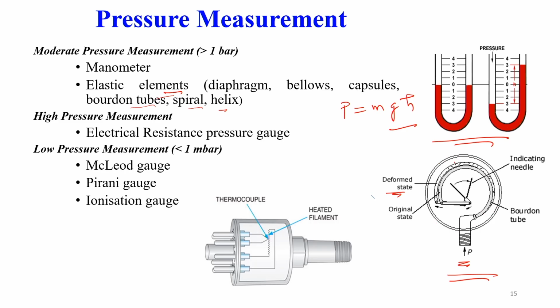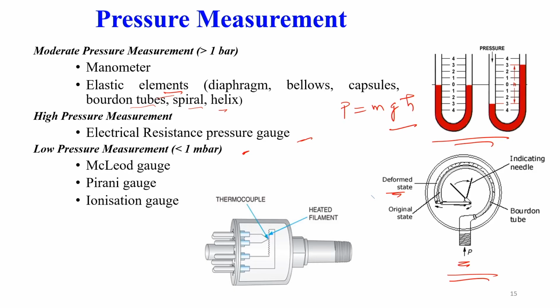From there you can directly read the pressure value. For high pressure we go with the electrical resistance pressure gauge, because there is a change in resistance. For low pressure, particularly less than 1 millibar, we go with the McLeod gauge, Pirani gauge or ionization gauge.